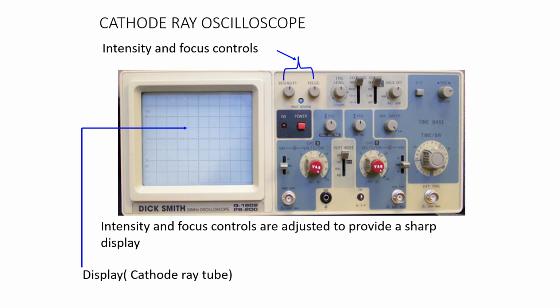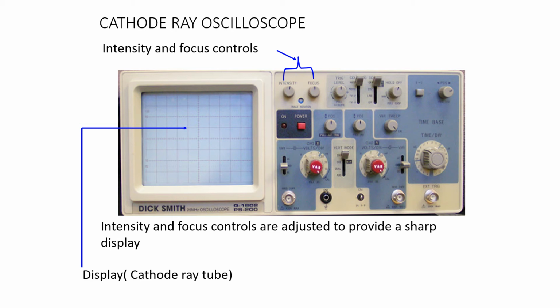Next is the time per division control. This controls the frequency of the sawtooth wave. When adjusted, it changes the number of cycles of a wave displayed on the screen. Next is the volts per division.